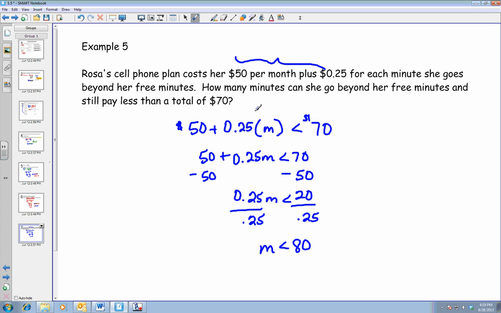So let's see if we answered our question. How many minutes can she go beyond her free minutes? m stands for minutes, so she needs to stay less than 80 minutes past her free minutes to stay below $70.